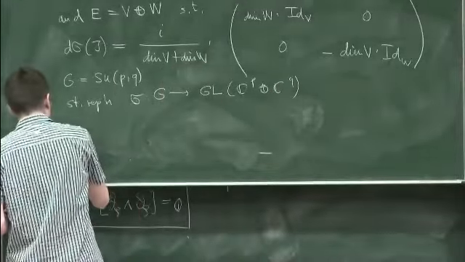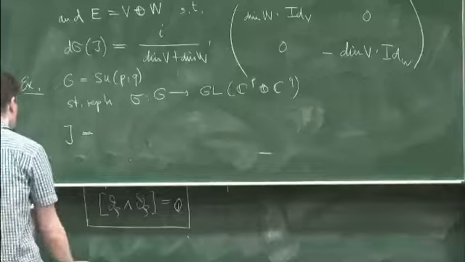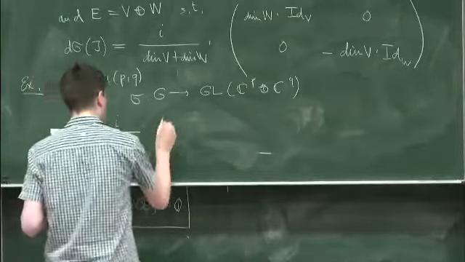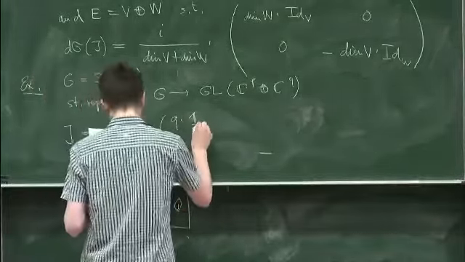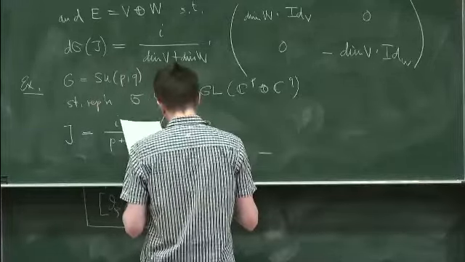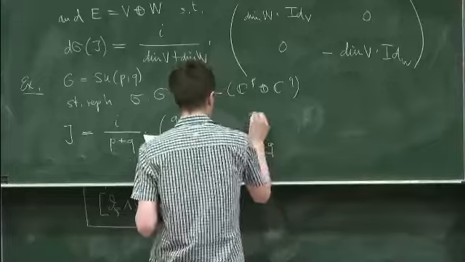And in this case, the complex structure on the corresponding symmetric space is given by the following element: i over p plus q times q times the identity matrix on C^p and minus p times the identity matrix on C^q.